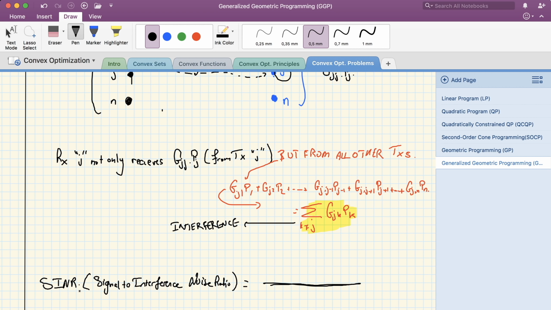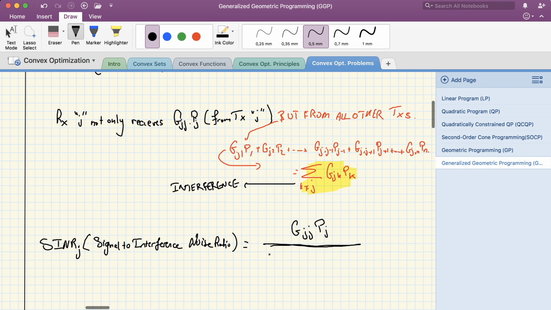For receiver J, it is Gjj Pj, so the desired power over the interference plus the noise power at receiver J. Noise power comes from equipment used at receiver J, from imperfections, change of temperature, and so on. So three parts in this expression.